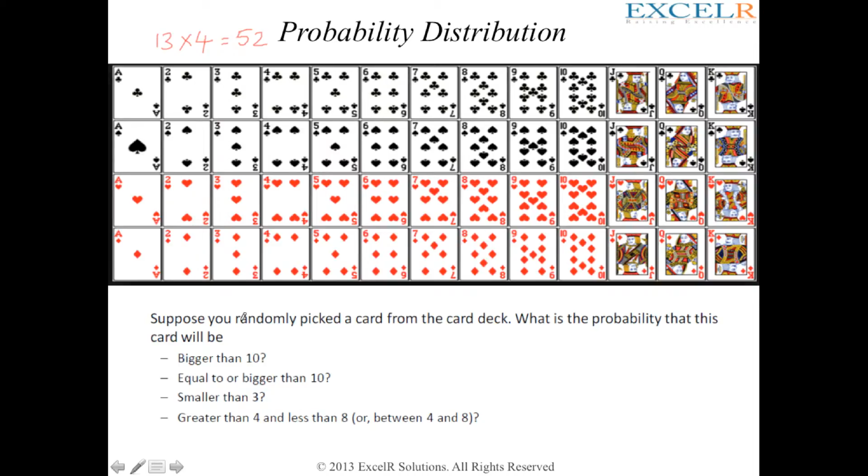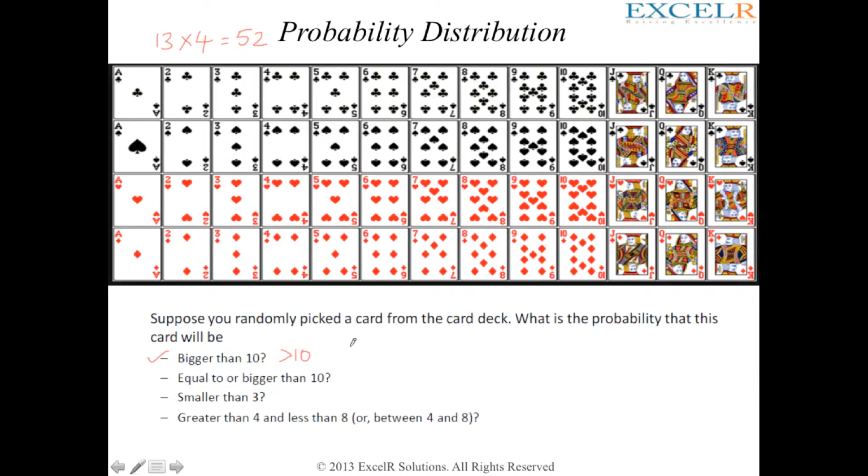Suppose you randomly picked a card from the card deck. What is the probability that this card will be bigger than 10? So how many cards would you have which would be bigger than 10? Bigger than 10 is nothing but greater than 10, and greater than 10 you have only three cards.